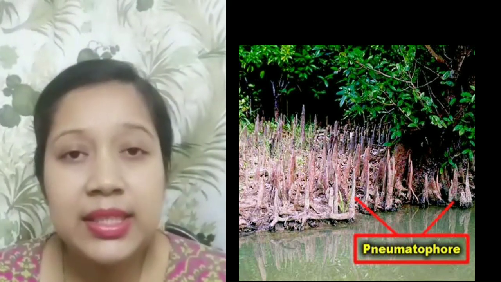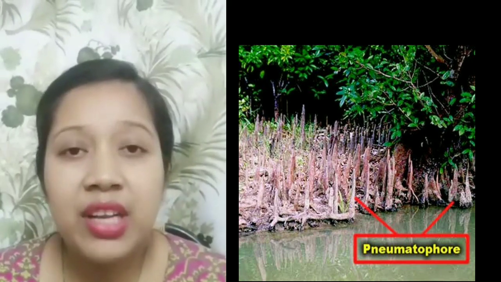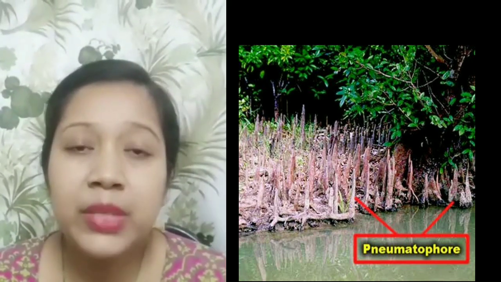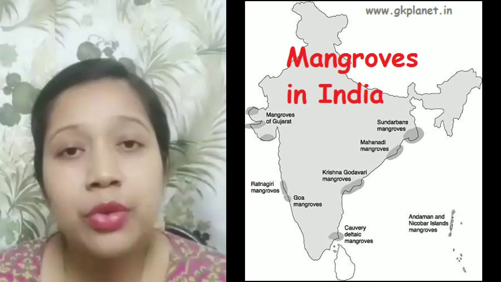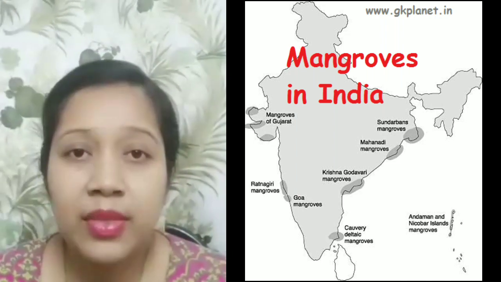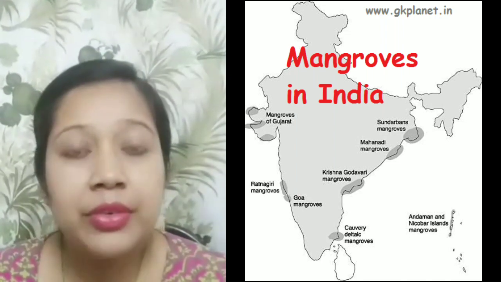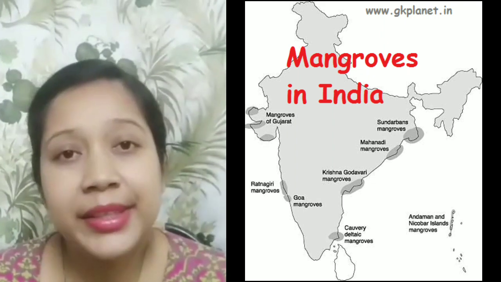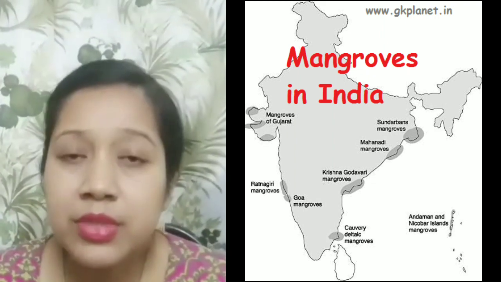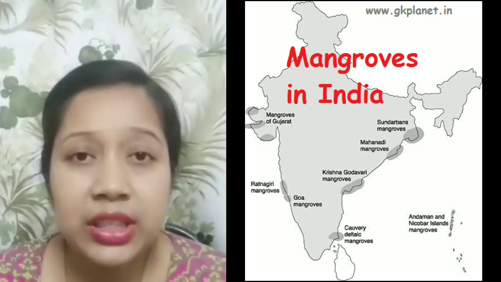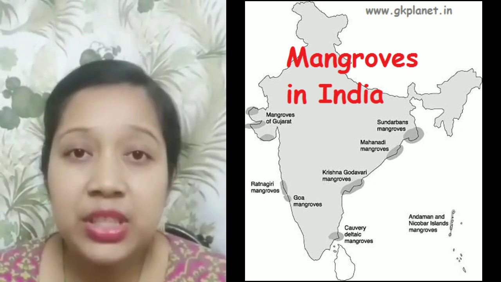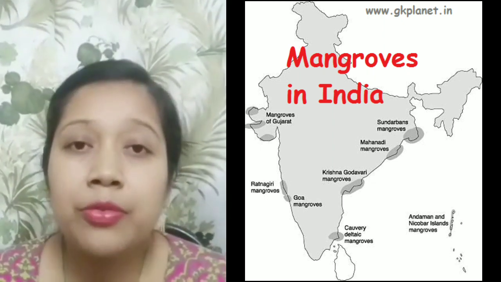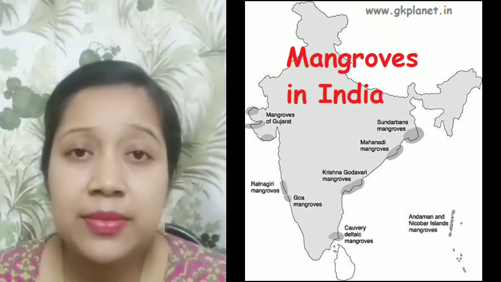Now, these are the forests which are very likely to come in contact with the saline water from the seas and the ocean. But our angiospermic plants are not very compatible with such environmental conditions.